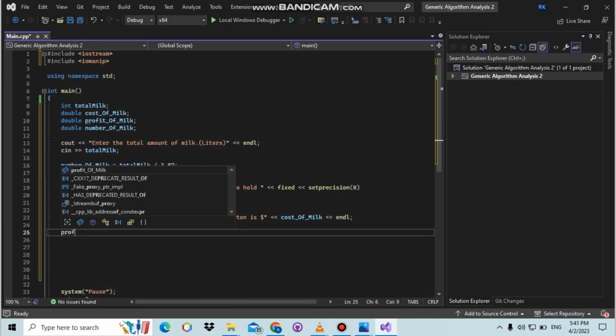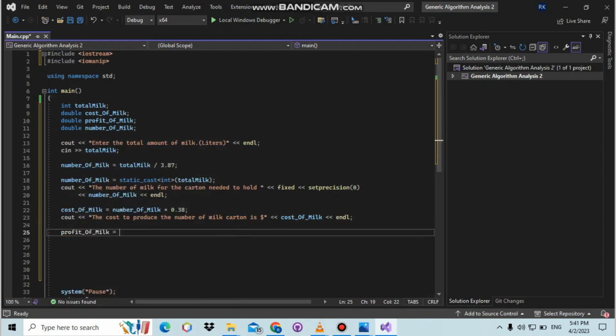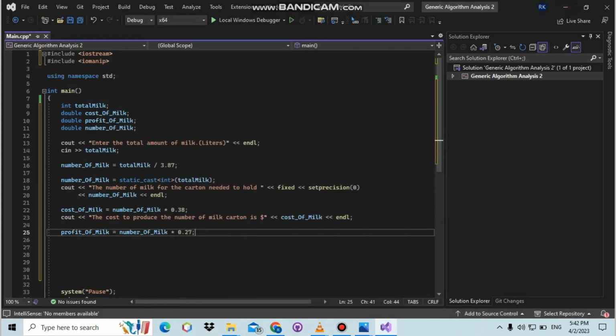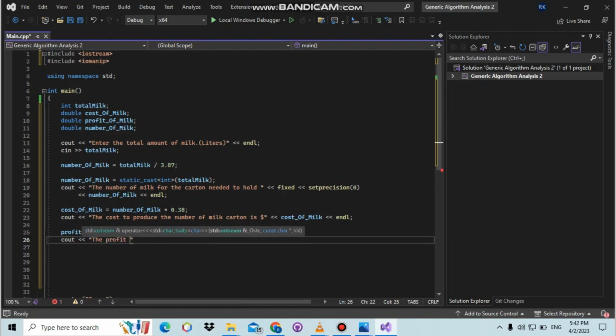And for profit also, profit of milk equals number of milk, because you have to find how much profit we made, times 0.27. Just confirm this again now. Awesome. So cout again, the profit of producing.